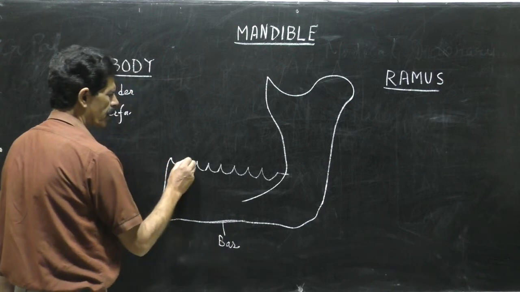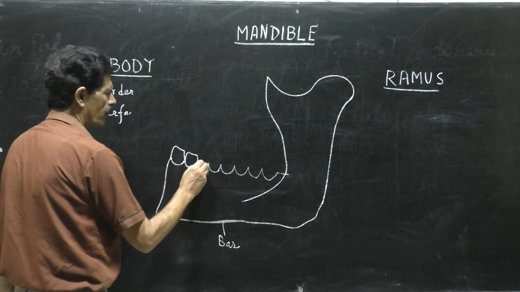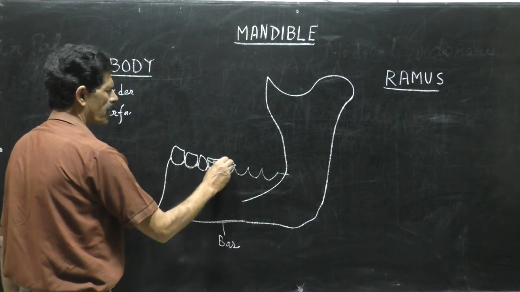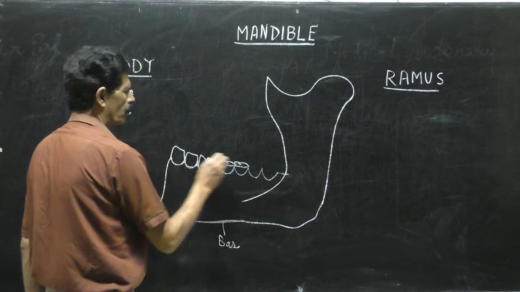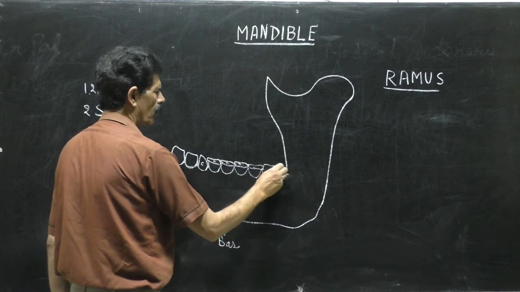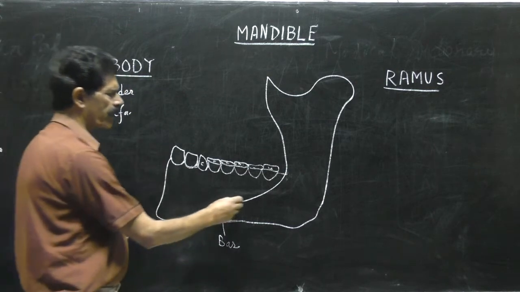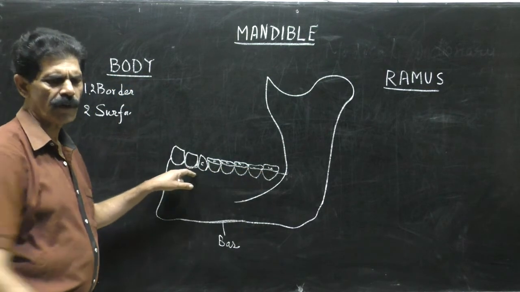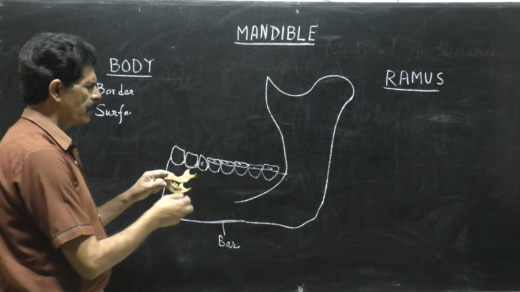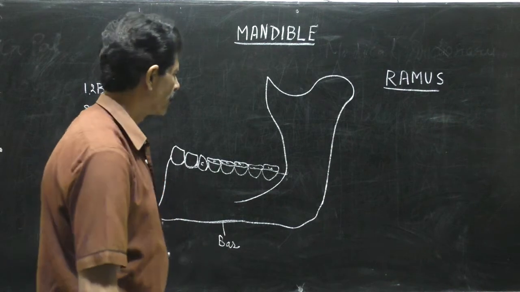The superior border is also called the alveolar border because there are sockets of the alveoli to fit the 8 teeth: 2 incisors, 1 canine, 2 premolars and 3 molar teeth are lodged in the sockets. When we put it on the table, the lower border is the base.